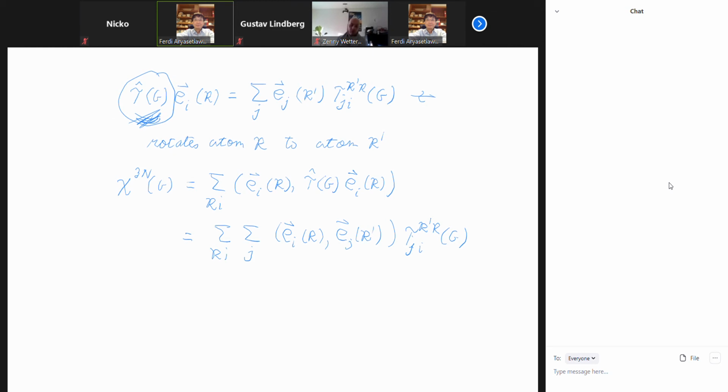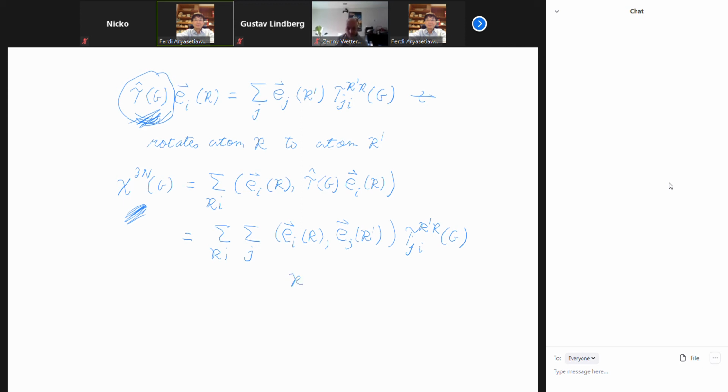So now there is one important point here, is that the trace of this representation is zero if atom R is different from atom R prime.